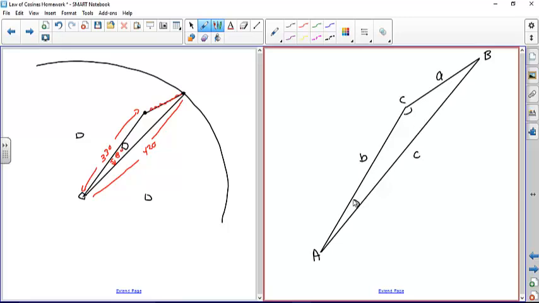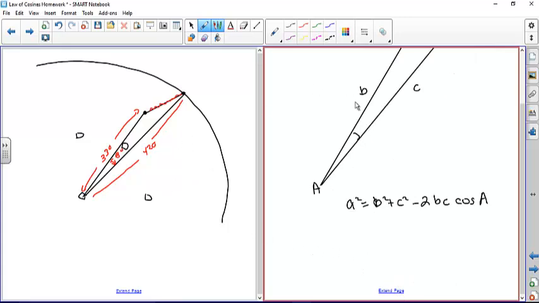These are the internal angles. So what we can do is we're solving for A, the distance A. So A squared is equal to B squared plus C squared minus 2BC times the cosine of the angle A.